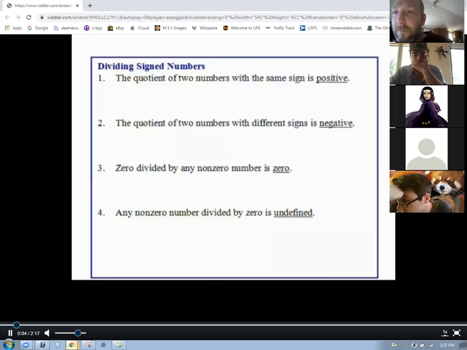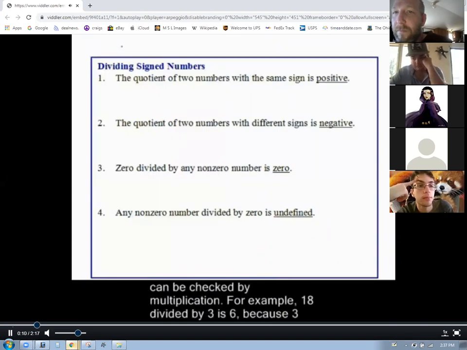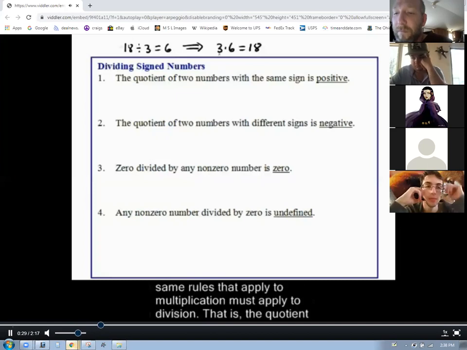We now focus our attention to the division of signed numbers. Recall that any division problem can be checked by multiplication. For example, 18 divided by 3 is 6 because 3 times 6 equals 18. Because multiplication and division are related in this fashion, the same rules that apply to multiplication must also apply to division.